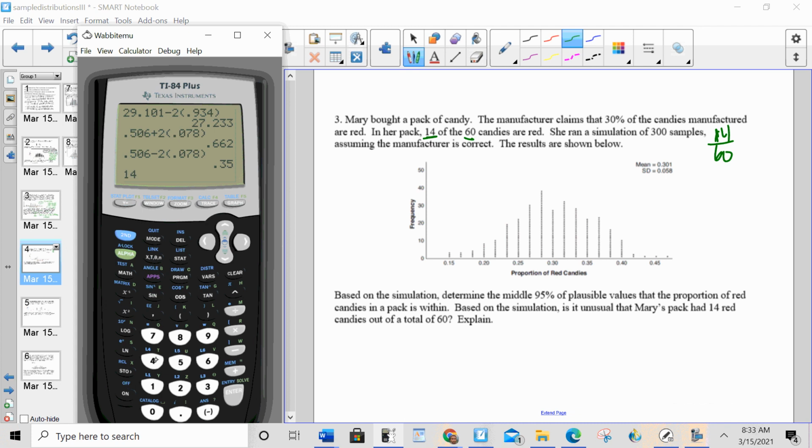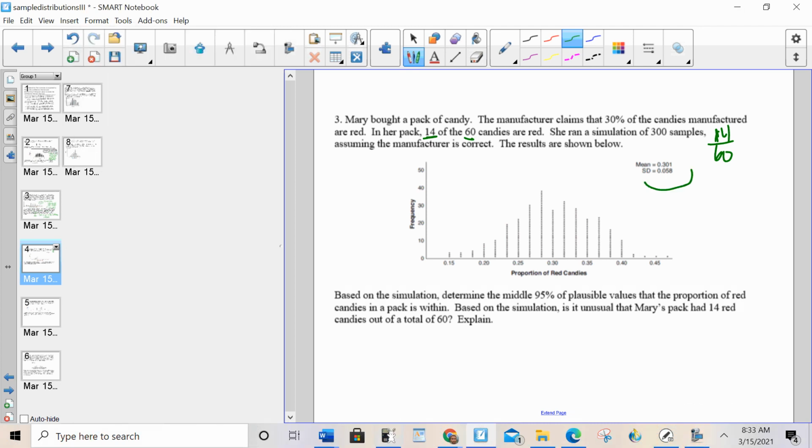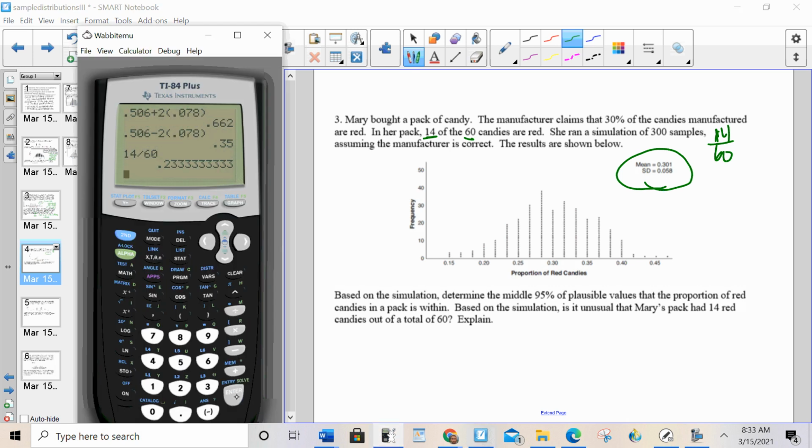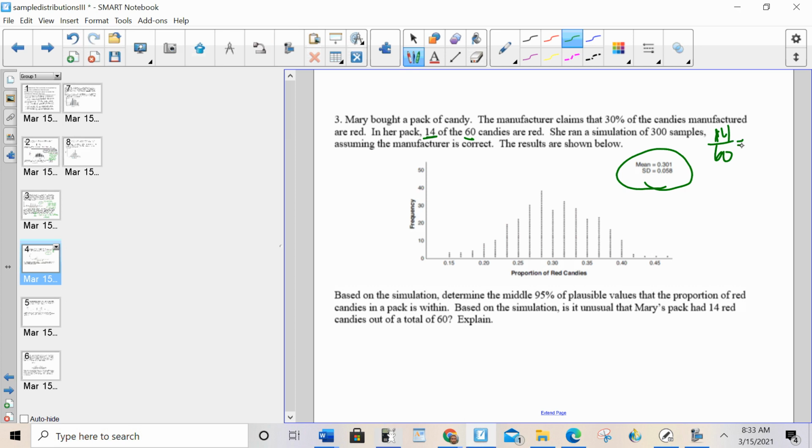If it wanted a percent, I would divide and multiply by 100, but since you're looking at the mean and the standard deviation here, and they're decimals, we want it to be a decimal. So 14 out of 60 is 0.23 repeated. So once you find your confidence interval, that's the value that you're looking at. So if they give you a fraction you need to make it into a decimal.